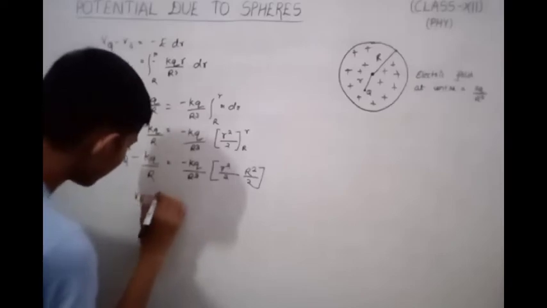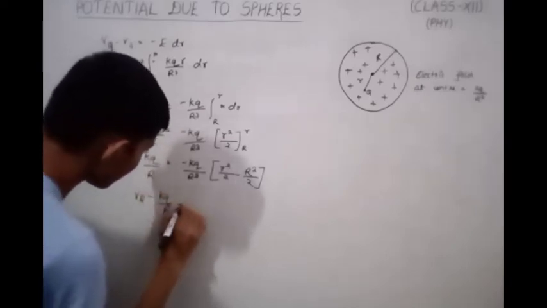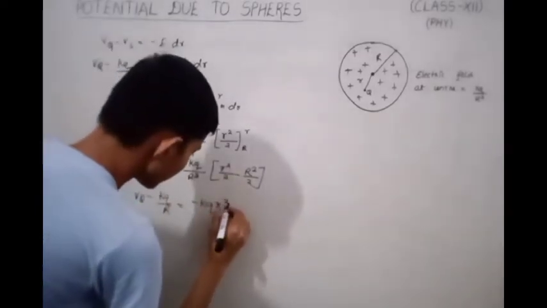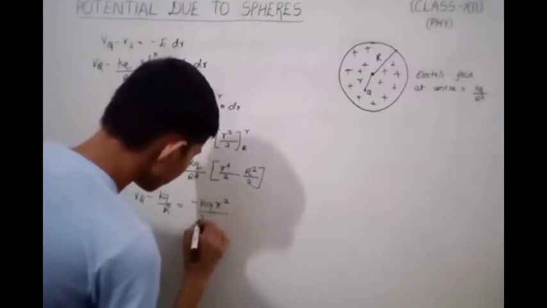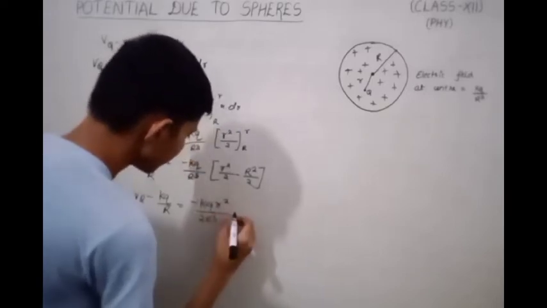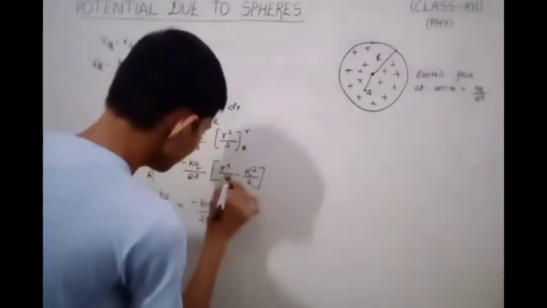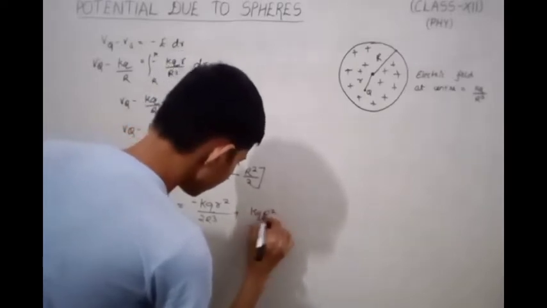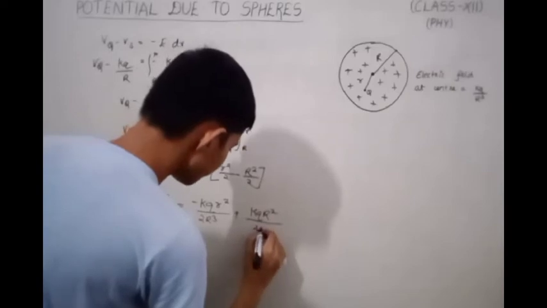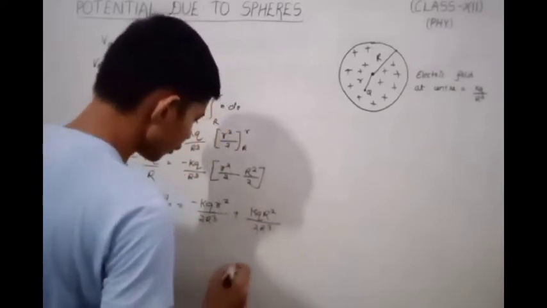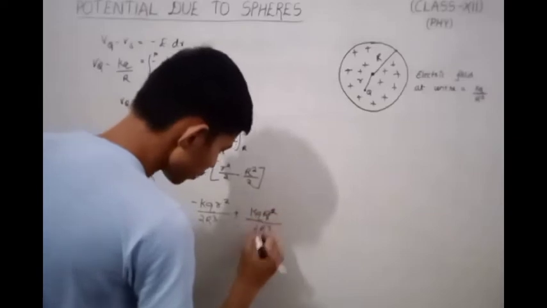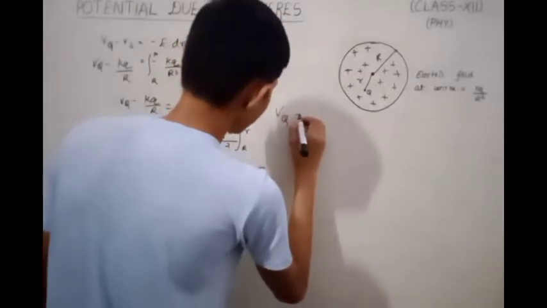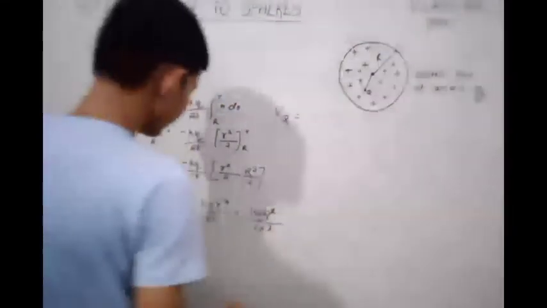Vq minus kq divided by capital R equals minus kq multiplied by r square divided by 2R cube, and this negative and this negative become positive. Here is kq capital R square divided by 2R cube. Then we shift this term to the right hand side of the equation.